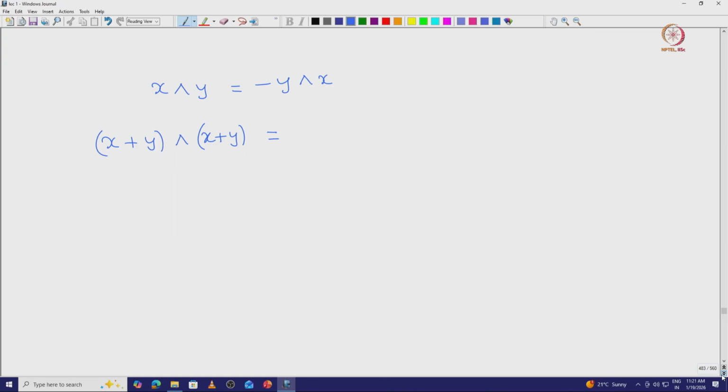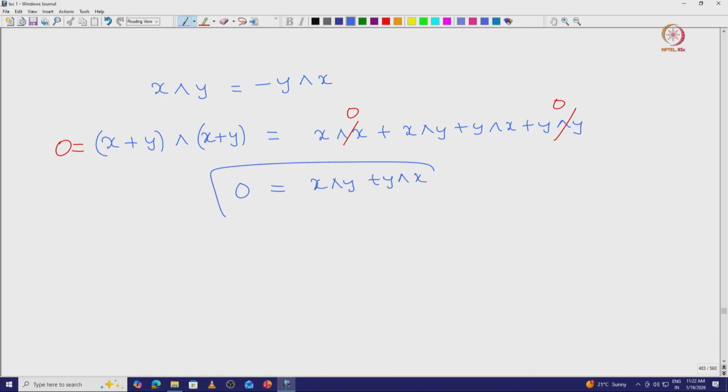In particular, x plus y wedge x plus y is going to give us x wedge x plus x wedge y plus y wedge x plus y wedge y. Now, since x wedge x is 0 and y wedge y is 0, and the left side is also 0, that gives us 0 equals x wedge y plus y wedge x, and that indeed gives us the relation that we wanted.